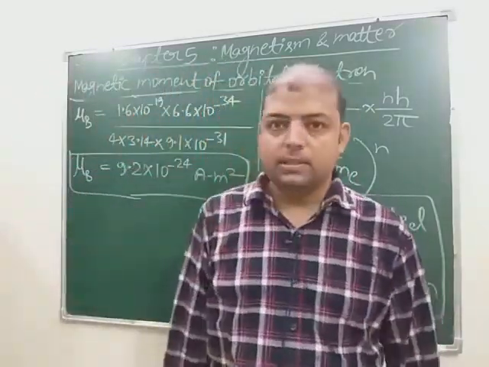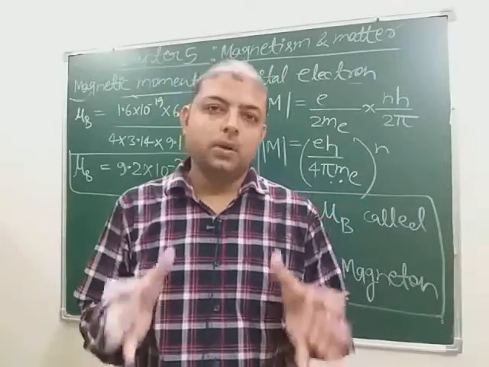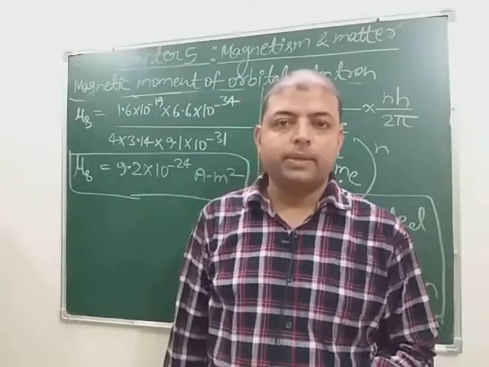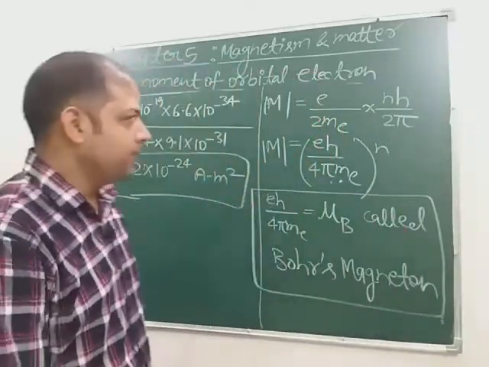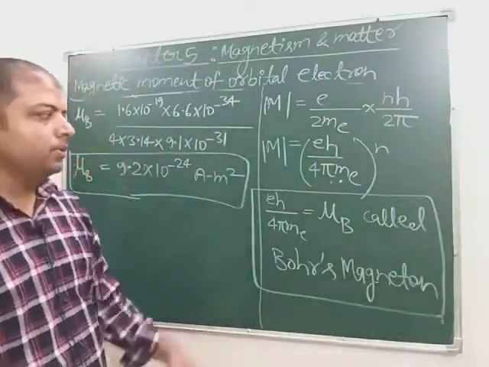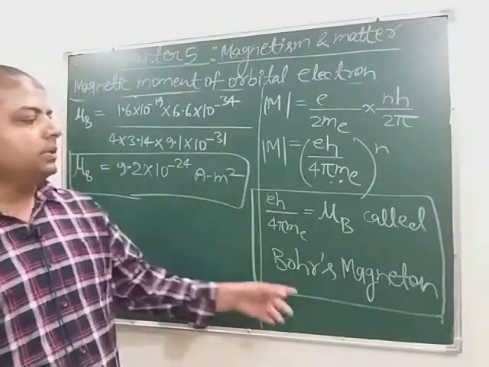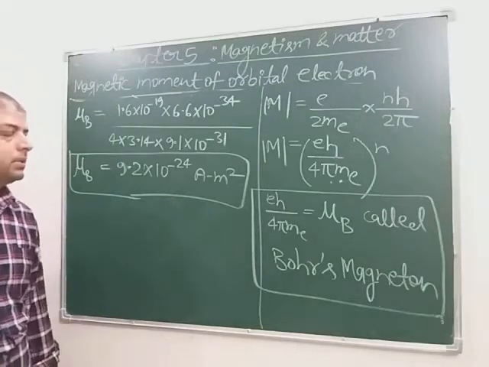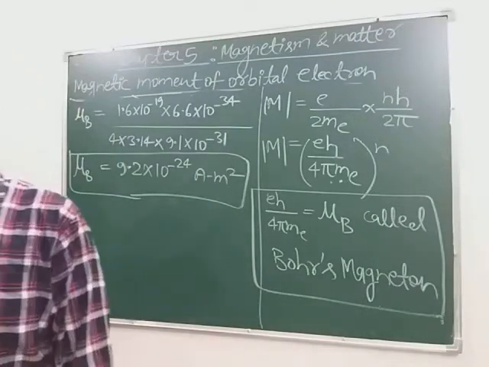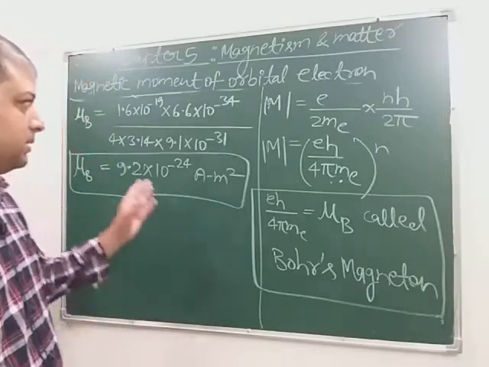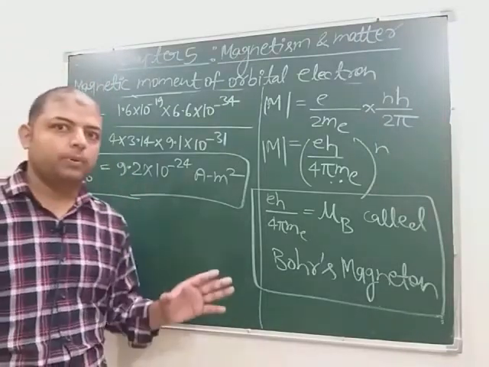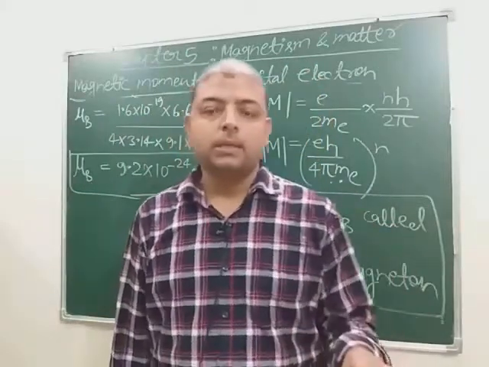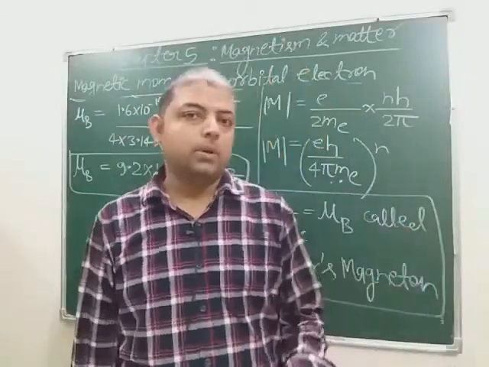So students, that is enough for this lecture. We have discussed the orbital motion of electron and spin motion of electron, the magnetic moment due to this motion, and the very important term that we have derived, Bohr's magneton, the value of Bohr's magneton, in 1 mark or 2 mark questions. This question has already been asked many times. We also derived the gyromagnetic ratio, q upon 2m is equal to m upon L. The ratio of magnetic moment with angular momentum is called gyromagnetic ratio.